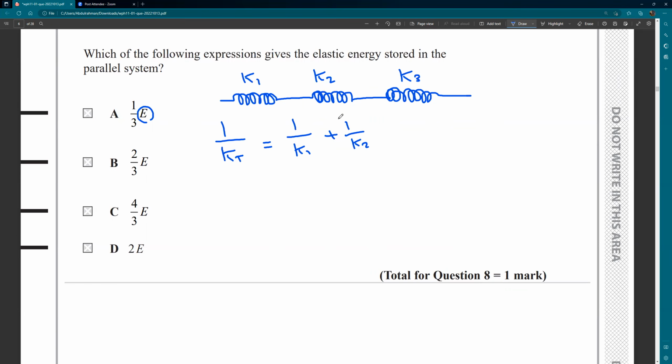If you only had 2 springs, this would be the equation. But if you have a third spring, it'll be plus 1 over K3. If you had a 4th spring, 1 over K4, and so on. And this is for springs in series.